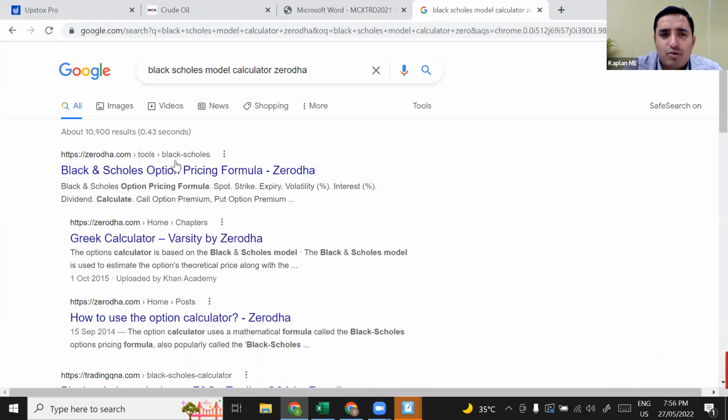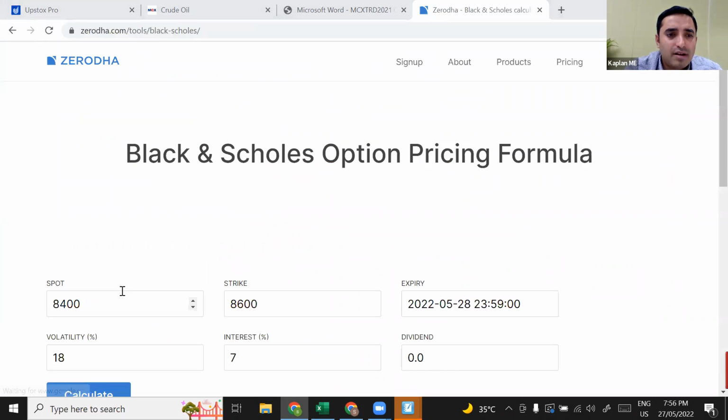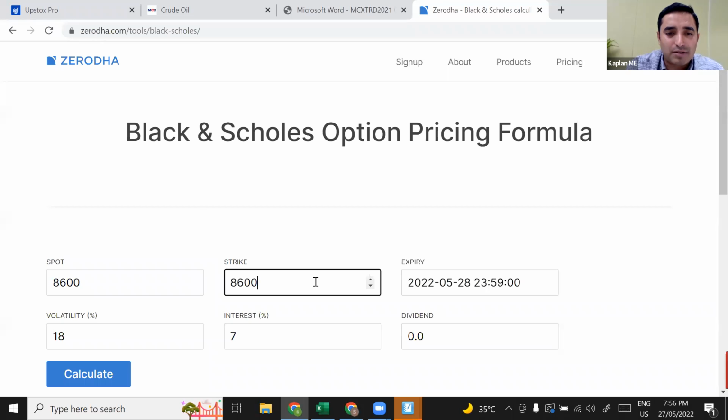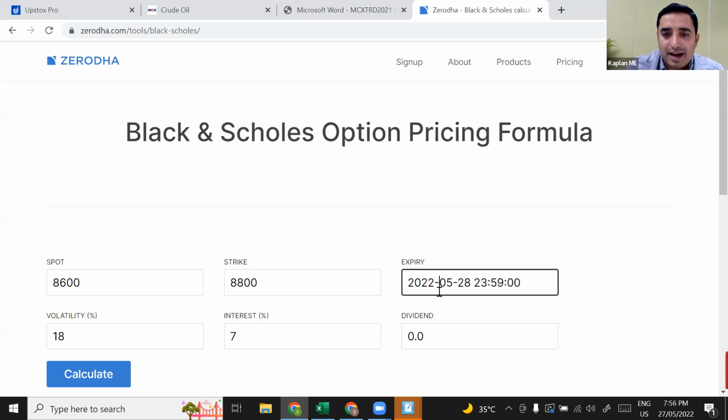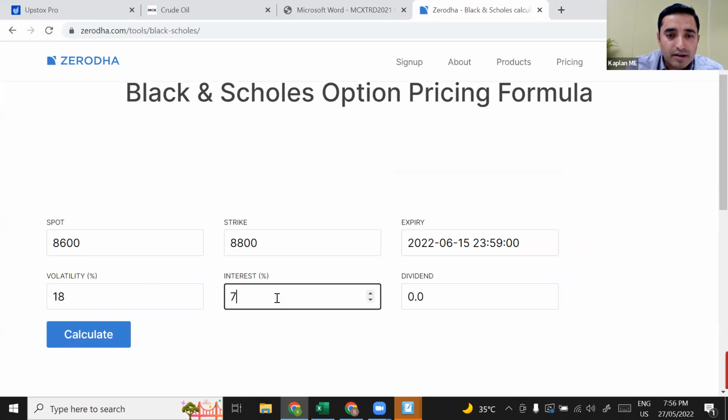In fact, I could do it right now. Just to give you an example, let's say the spot price was 8,800. Imagine, or 8,500 or whatever. I don't know what the spot price is. Strike price, let's say, is 8,800. Expiry, I can decide. Expiry, let's say, is June 15th. Risk-free rate is, let's say, 5%.